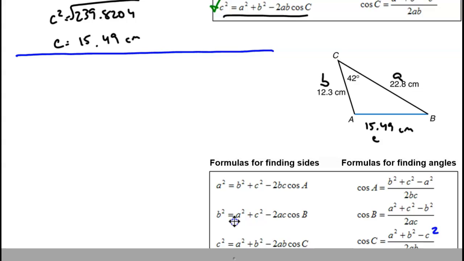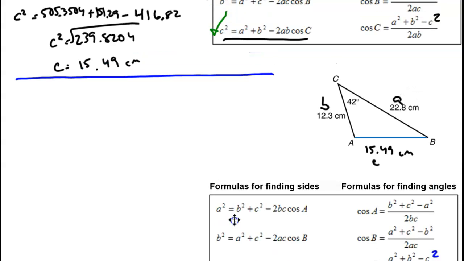Okay, so let's figure out cosine A, since we have the two sides on either side of it. We'll use our cosine A formula from over here.